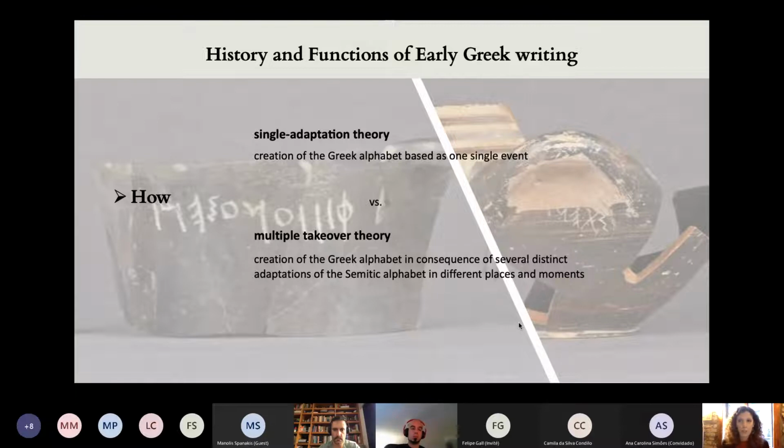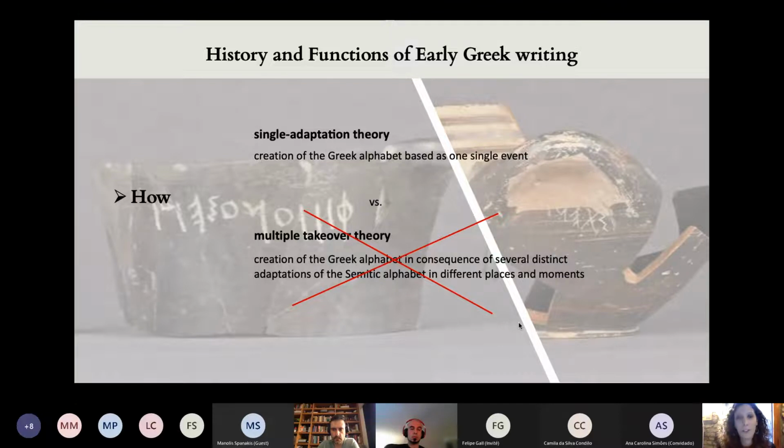So this adaptation of the Phoenician alphabet was something common in all the Mediterranean, but luckily for us, this theory has been abandoned from the 80s onwards. So there is a consensus now that the alphabet was invented once, because it's very unlikely that in different places people had this idea to adapt the Phoenician alphabet to the Greek one.